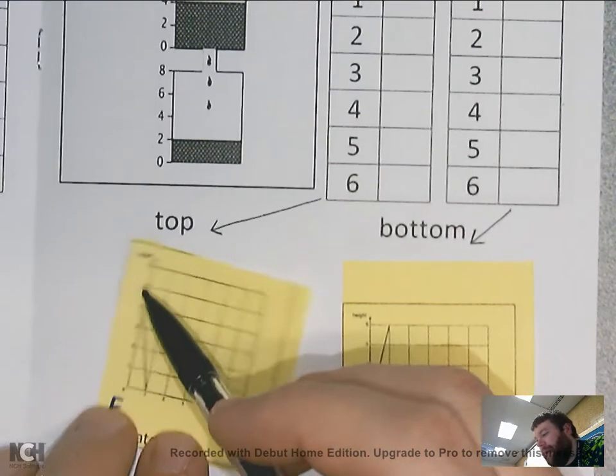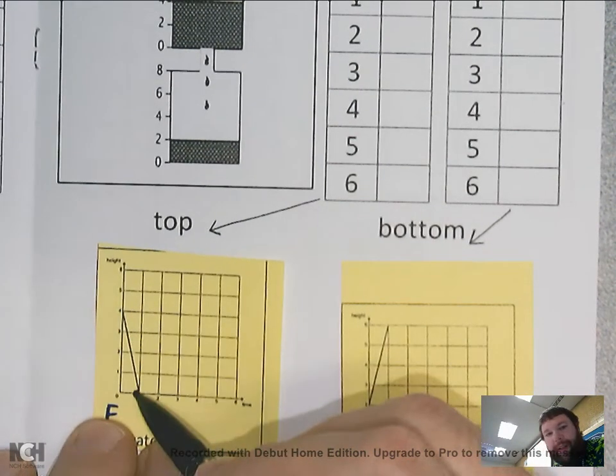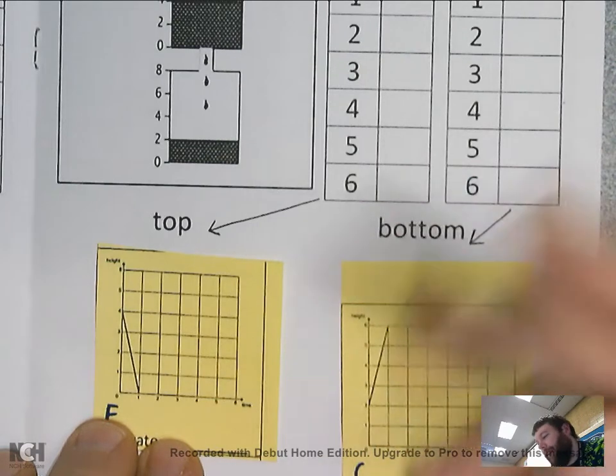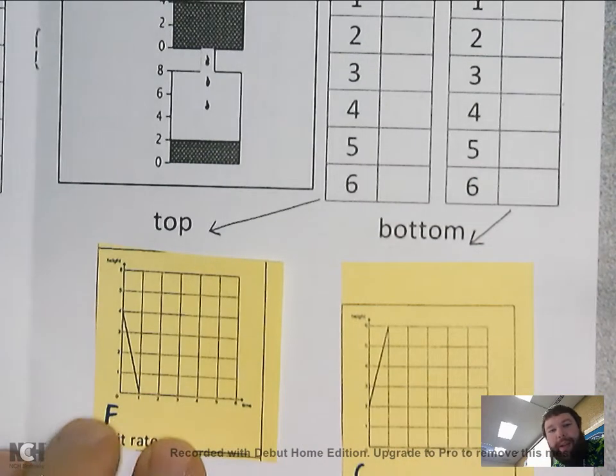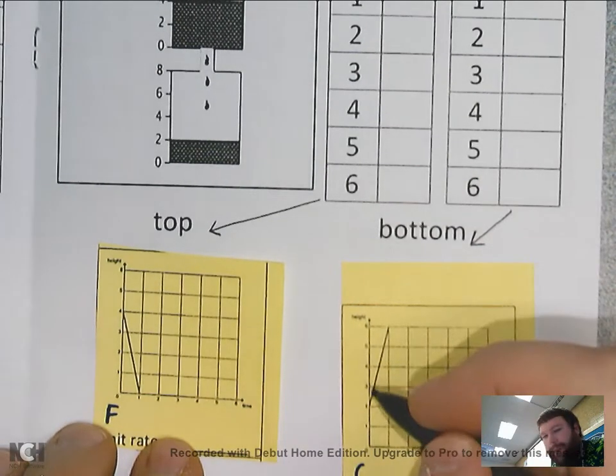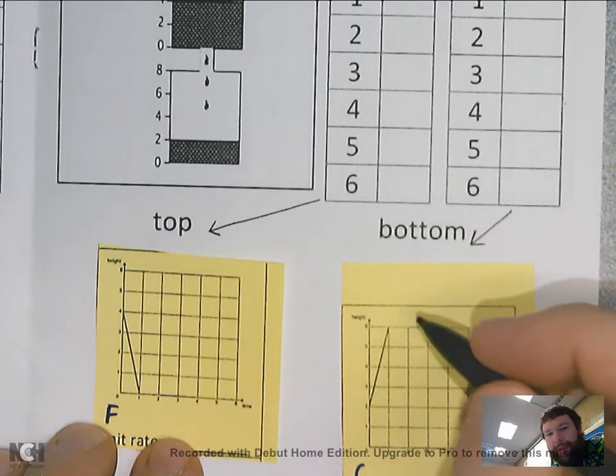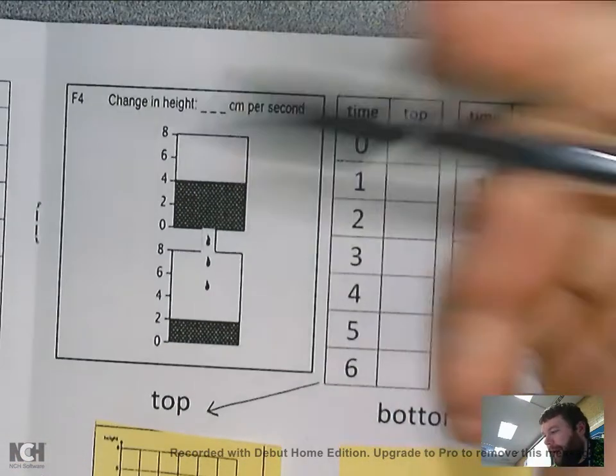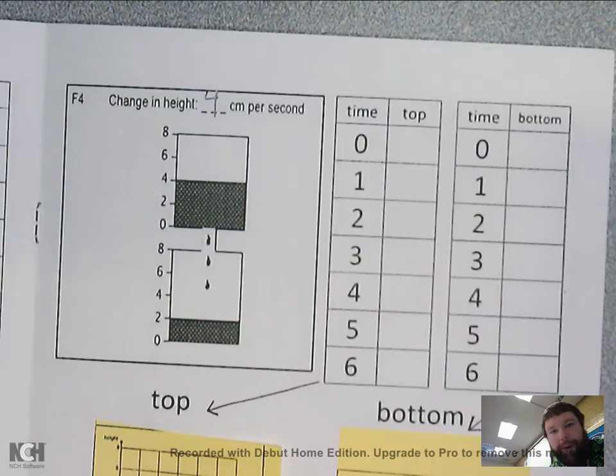From it, we could see that it was losing 4 centimeters in 1 second, and this one's gaining 4 centimeters in 1 second. So I can go ahead and write in that the change in centimeters was 4.